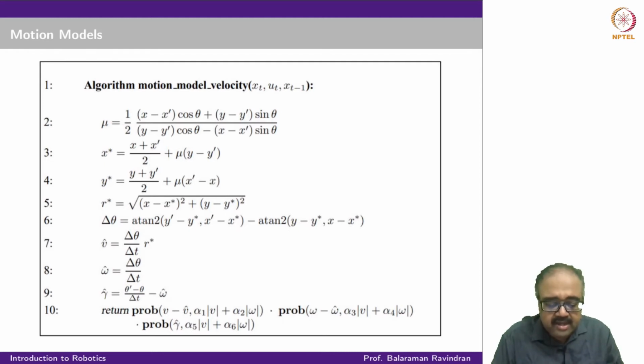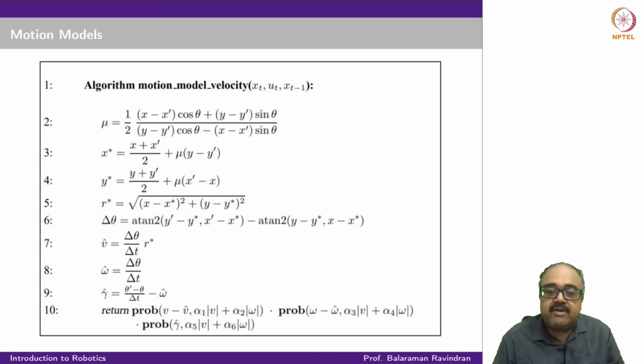This correction gamma prime is the correction that we make to the effective angular velocity, so that I end up at theta prime and not theta plus delta theta. Does that make sense? Theta plus delta theta is what I am right now modeling here. So I am saying that delta theta is the angle that I would have moved if I start off at x comma y with angle theta and end up at x prime comma y prime.